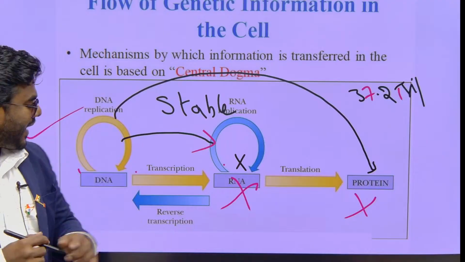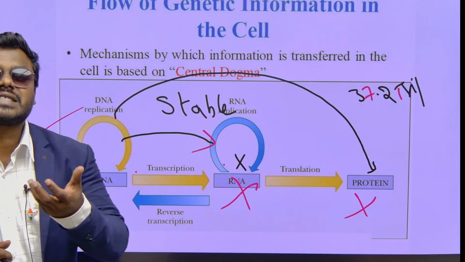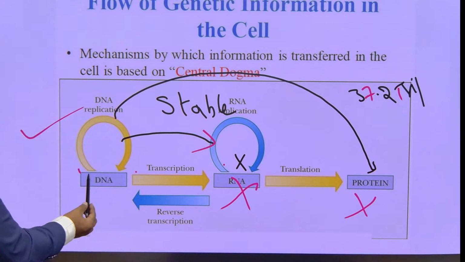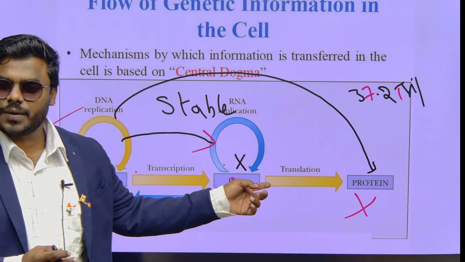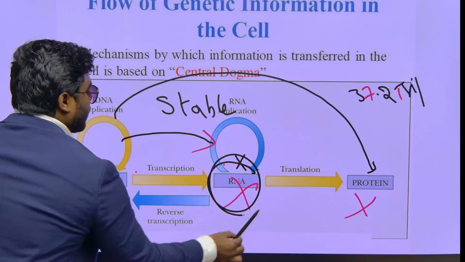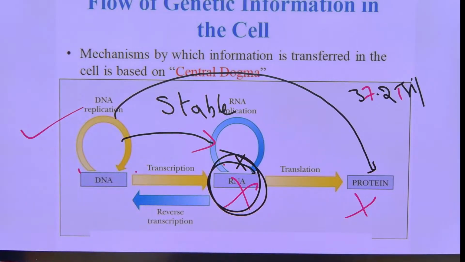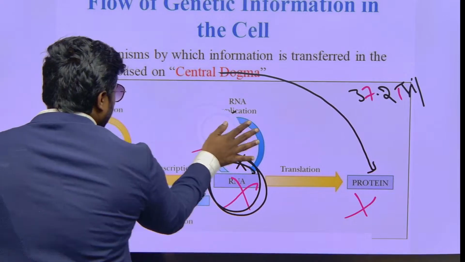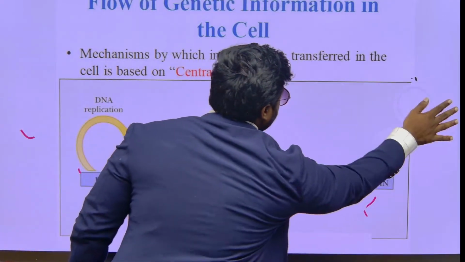So to protect its stability and integrity, DNA, instead of synthesizing the protein directly, synthesizes an intermediate molecule which is called RNA. Correct? Now, understand very clearly, no confusions.